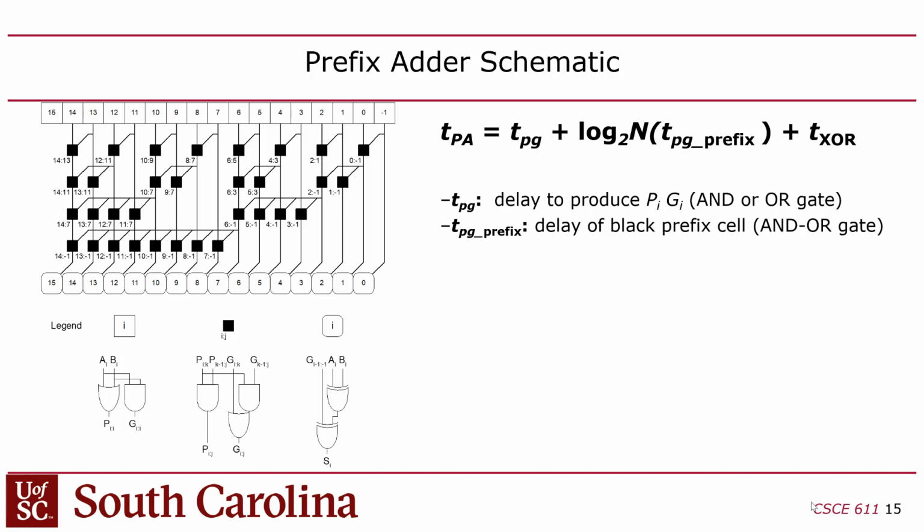But then I can also take 13 down to 13, which is a 1-bit group, right? Because notice that there's a direct connection here. This 13 drops straight down into this black box. So I take a 1-bit group, 13, that's it, 13 down to 13. So that way my I is 13 and my K is 13, but I can combine that with a 2-bit group, which is 12 down to 11.